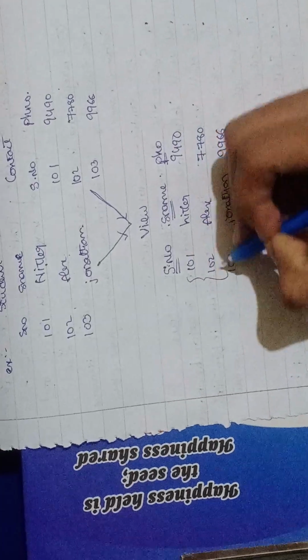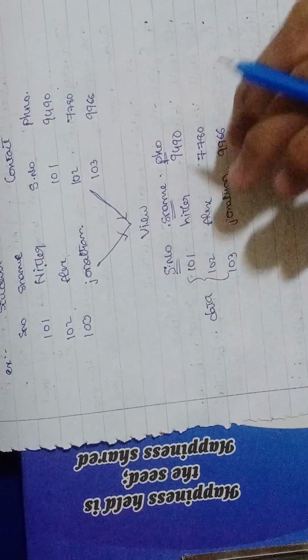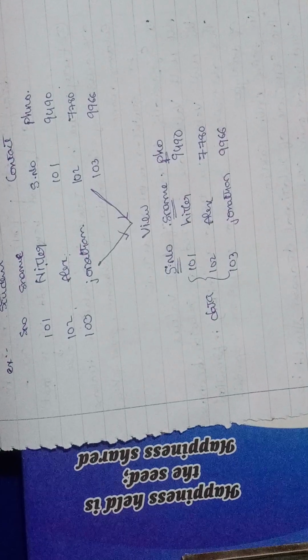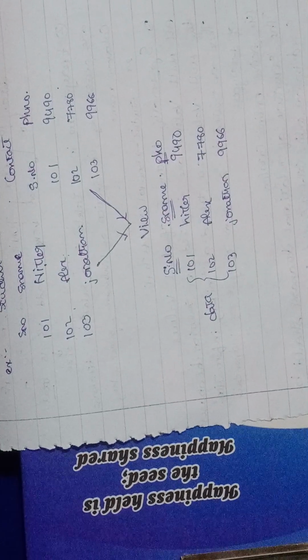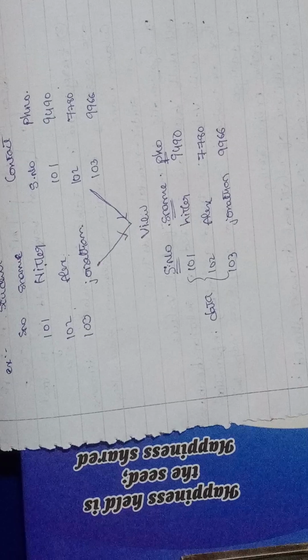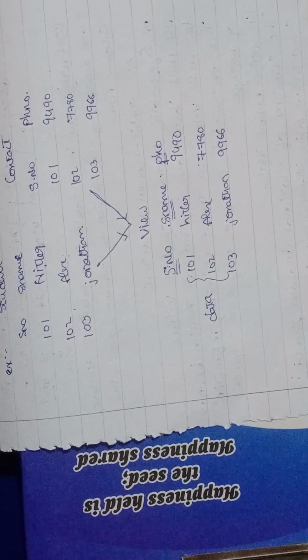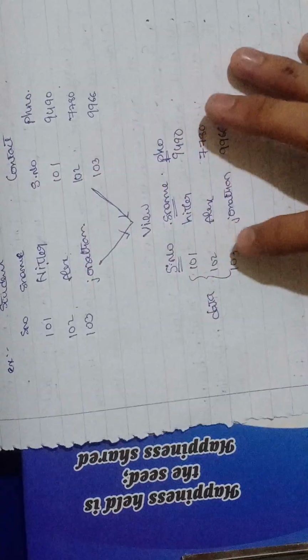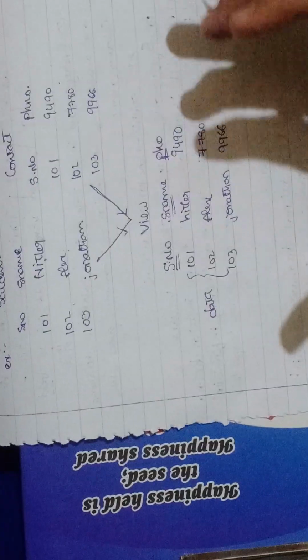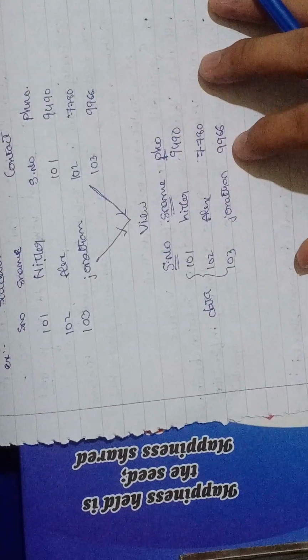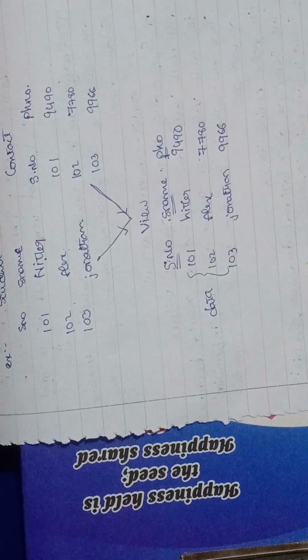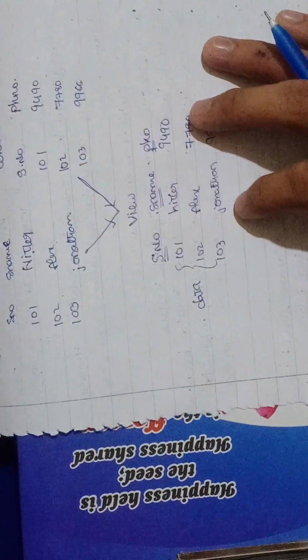This is called view updating, meaning any changes in the original tables automatically reflect back in the view, combining and merging of the data, which we see in a short and simple way. Okay, this is called view updating.